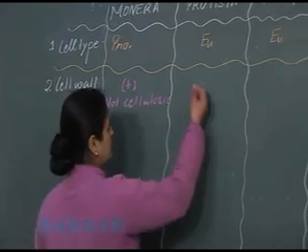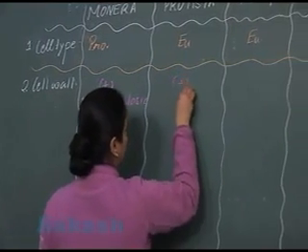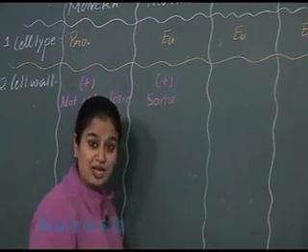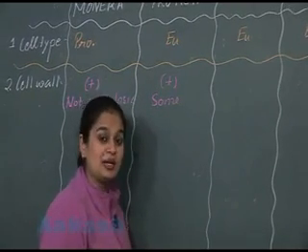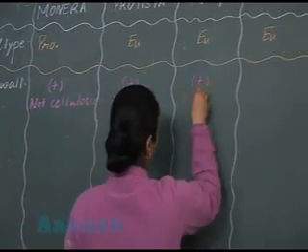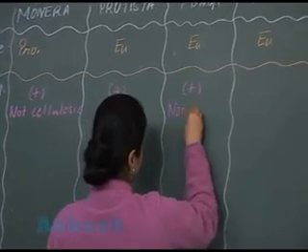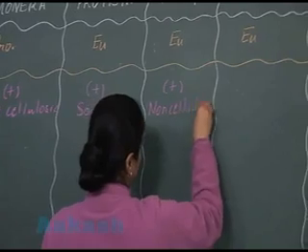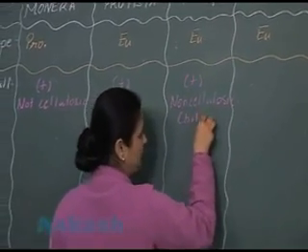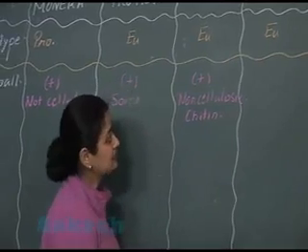Protista, in some of the groups, cell wall is present. Fungi, cell wall is present, but it is non-cellulosic. You might be knowing the cell wall is made up of chitin.